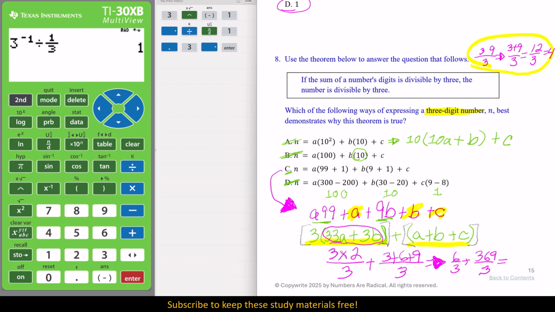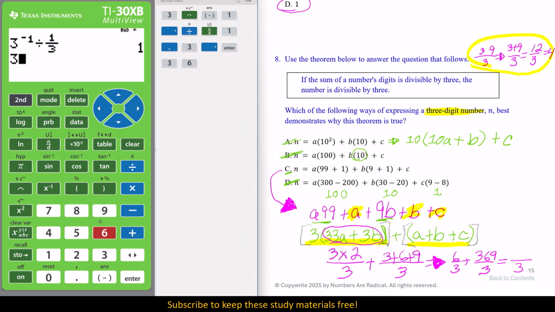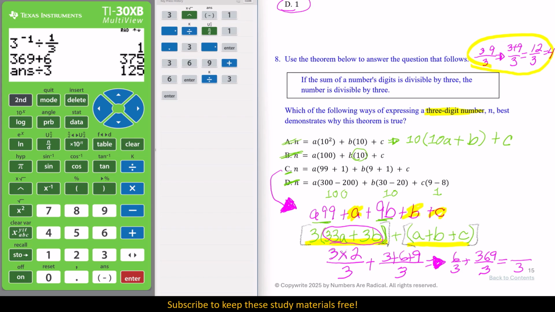It's an implication more of. So then let's look at this. It all has to be divided by 3. We're going to have to add 3, 6, 9 plus 6, okay? Well, that's 375. Let's go ahead and divide that by 3. Divide by 3. And we get a valid situation, okay?